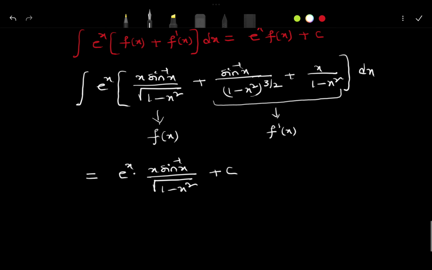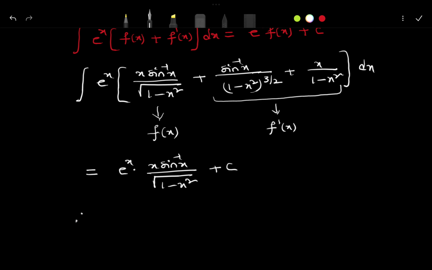So what is the g of x value? Therefore g of x is equal to e to the power of x into x into sine inverse x, whole divided by root of 1 minus x square.